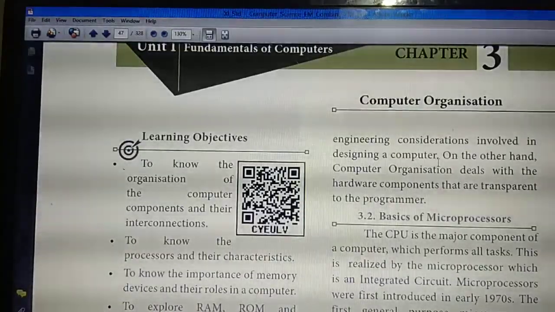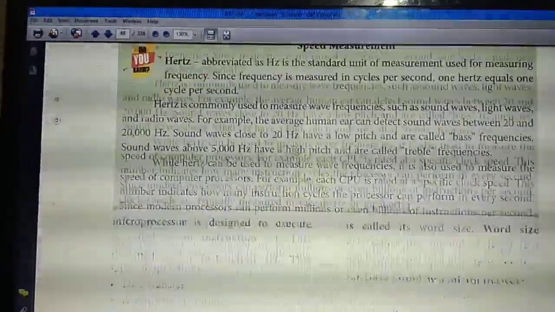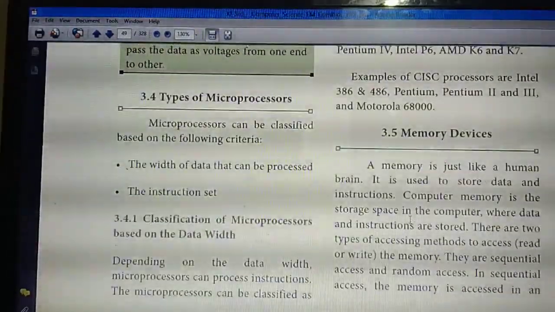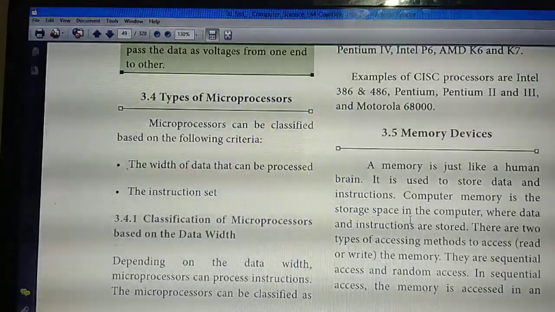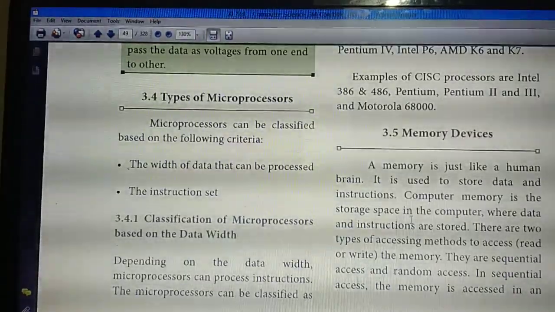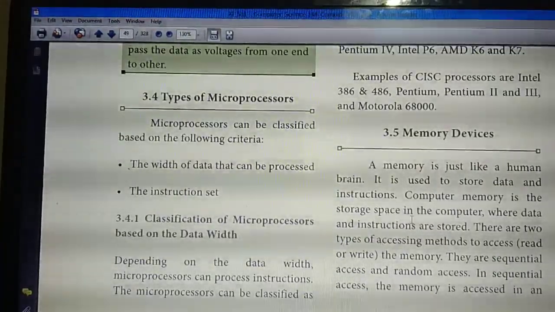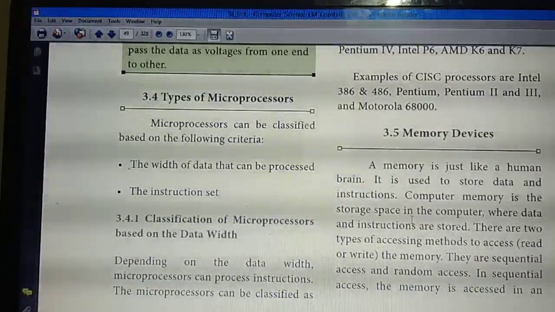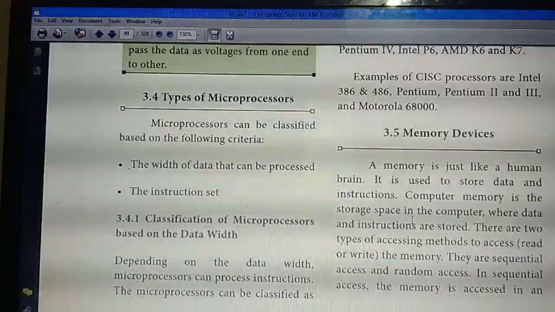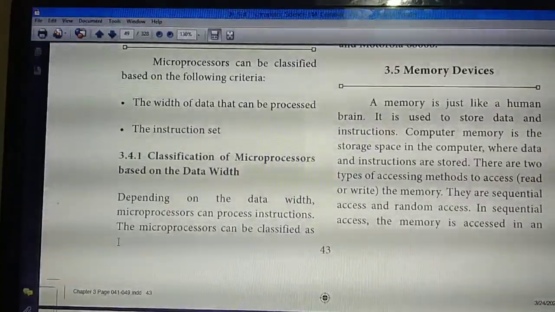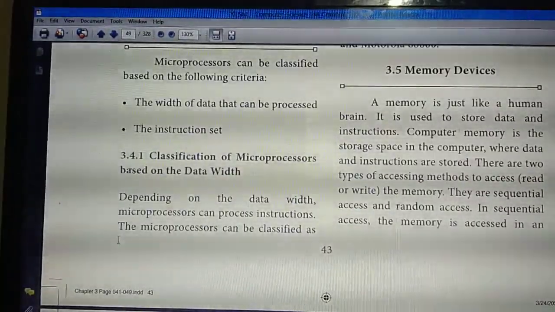Then second question: classify the microprocessor based on size of data. Take page number 43.